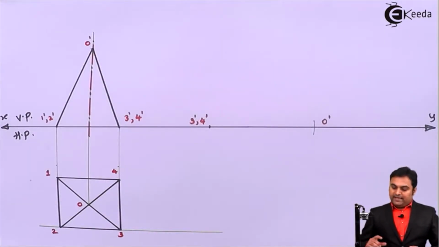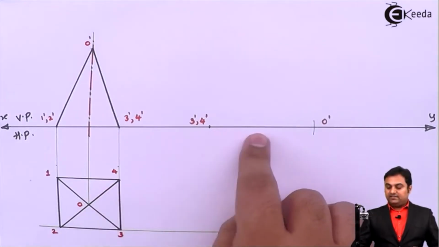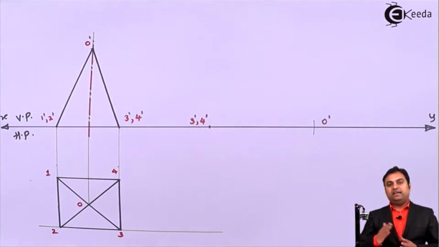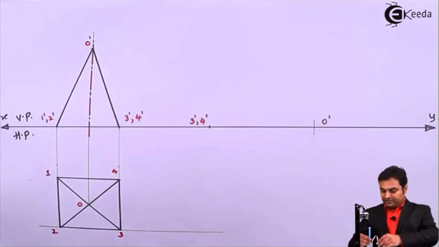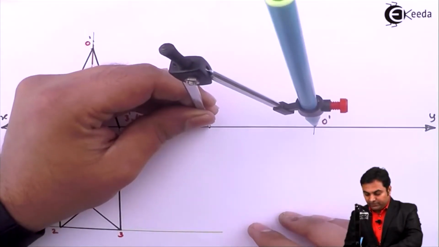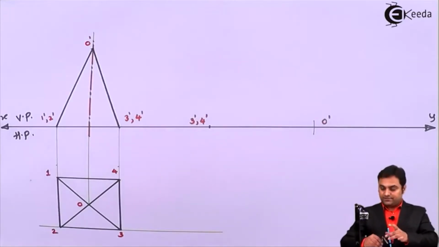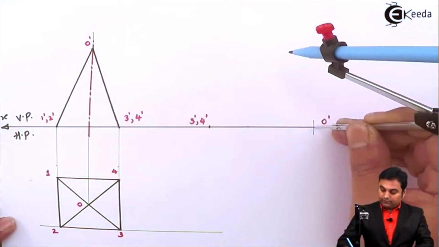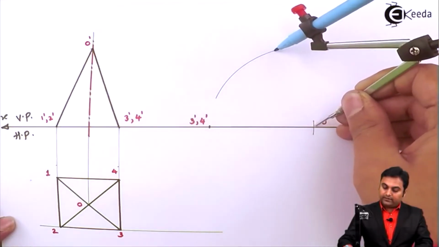Now here, as I have made this triangular face O34 as a line which is parallel to XY because it is lying on that triangular face, I'll need to complete this pyramid here. So whatever the slant edge I have taken from here, taking that same distance, I'll mark from point O dash and draw a light arc.